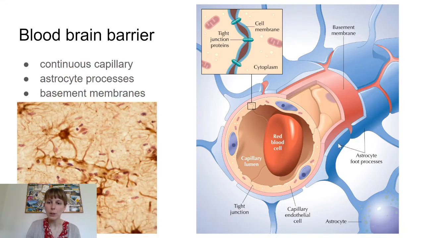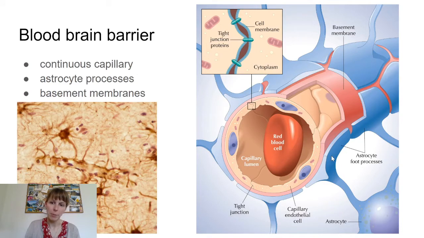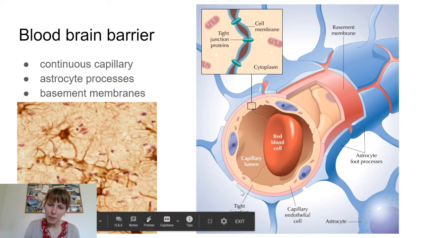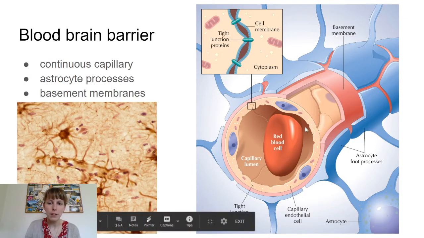So they will also be taking nutrients up from the blood and forming part of the blood-brain barrier. And the pink stuff that you see around here, those are the basement membranes of the astrocyte processes and of the endothelial cells forming the capillary wall. So all of this will be forming the blood-brain barrier.